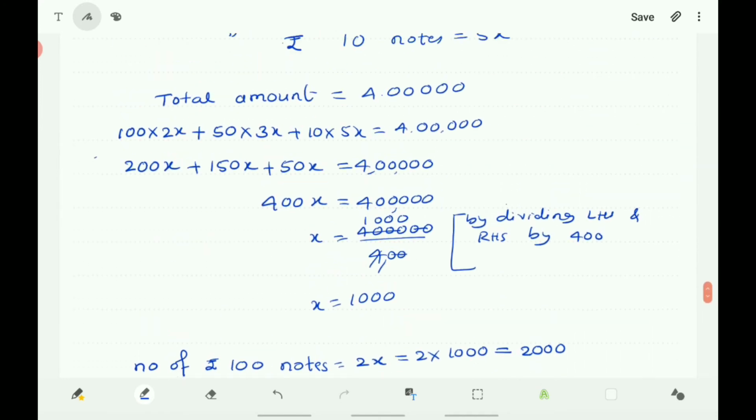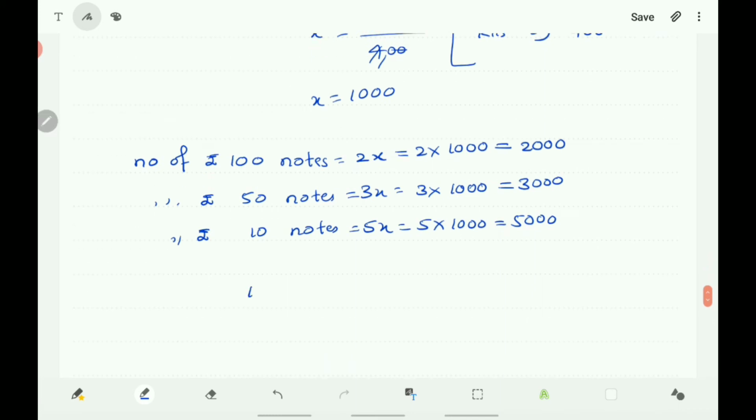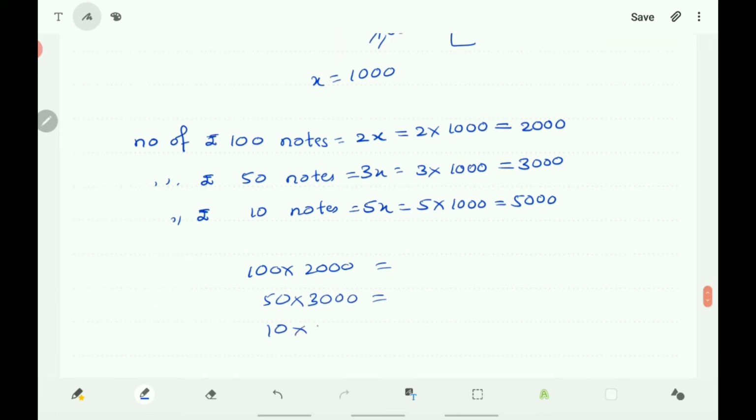And here if you multiply, that becomes 100 into 2000. And next 50 into 3000. Then 10 into 5000. Here it becomes 2 with 5 zeros. And here it is 3 with 4 zeros, and 5 threes are 15.